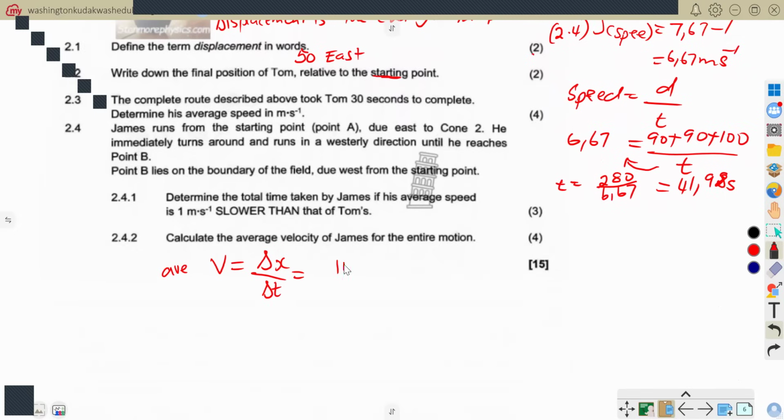So the change in displacement is 100 meters divided by 41.98 seconds. If you divide 100 meters by 41.98, that will give you 2.38 meters per second. So that was the answer for 2.42. Let's go to the next question.